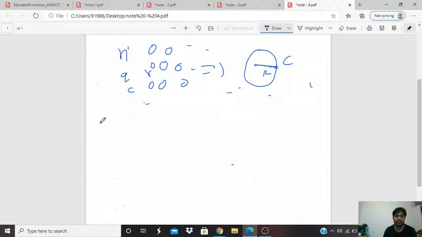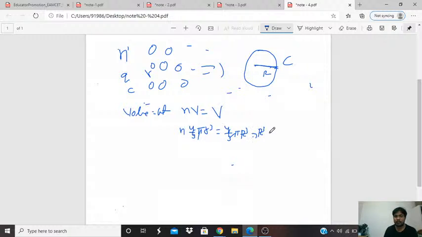Then what will change? First of all, volume is constant. So n into the volume of a small drop, n into 4/3 pi r cube, equals 4/3 pi capital R cube. So capital R cube equals n into small r cube, that is, capital R equals n power 1 by 3 into r.